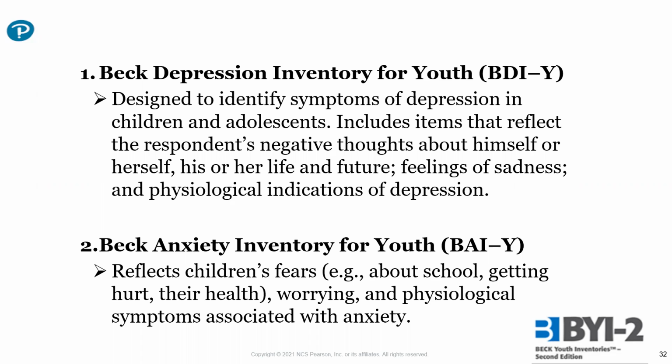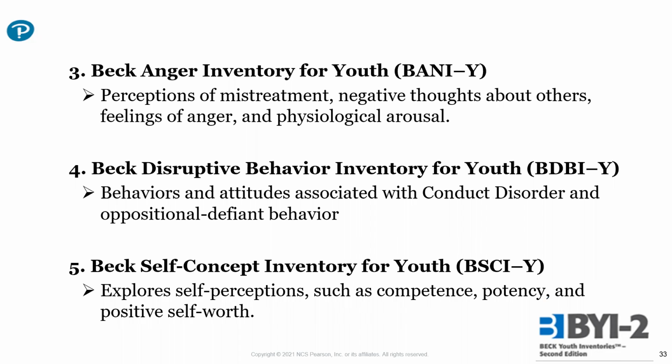Given the high comorbidity rates we discussed earlier between anxiety, depression, and disruptive behavior, the individual scales included in the Beck Youth Inventories can give us that additional information pertaining to each set of symptoms. So there's a depression inventory, anxiety, an anger inventory, disruptive behavior inventory, and a self-concept inventory. Once again, you already have access to those in your digital assessment library. Please check out the resource area if you want to take a look at the manual or want some additional information there.